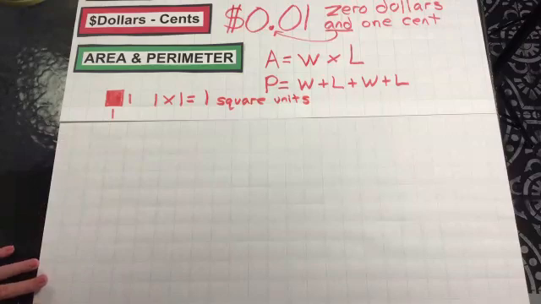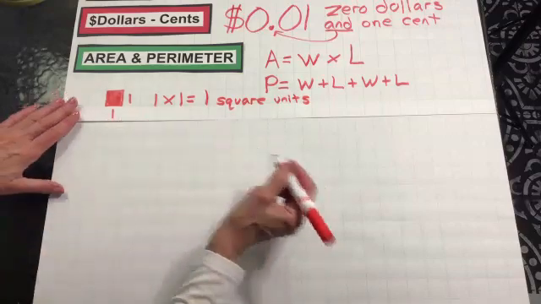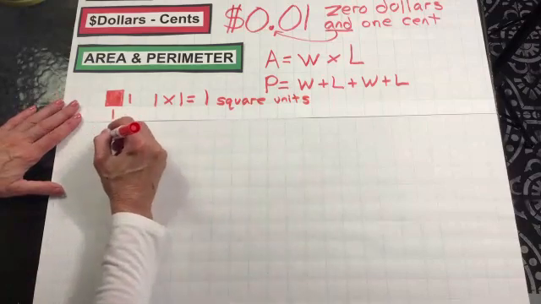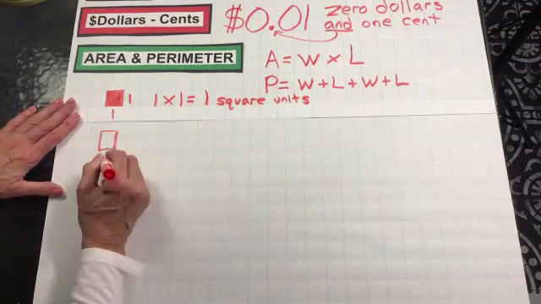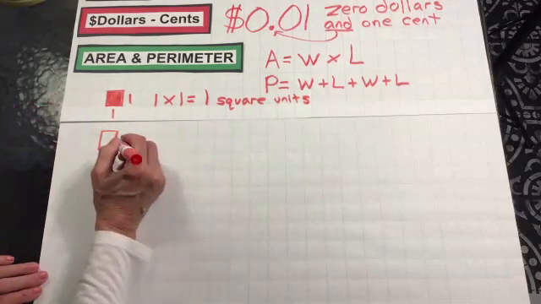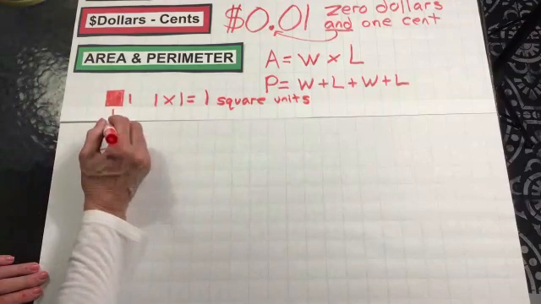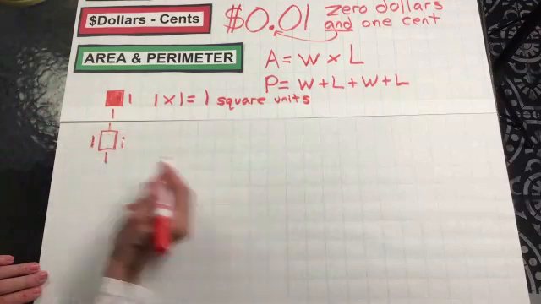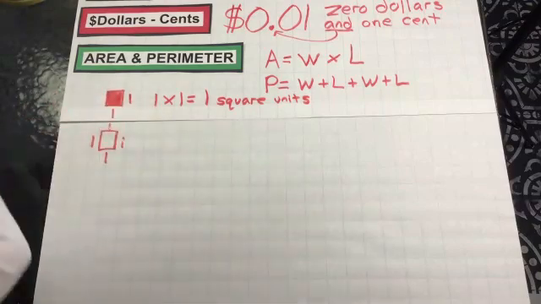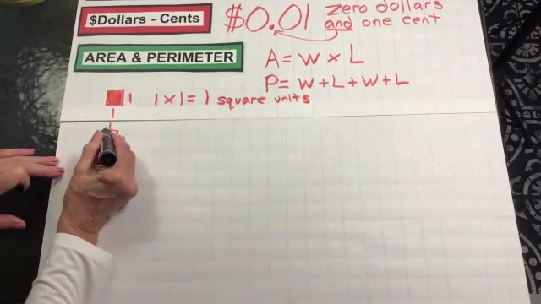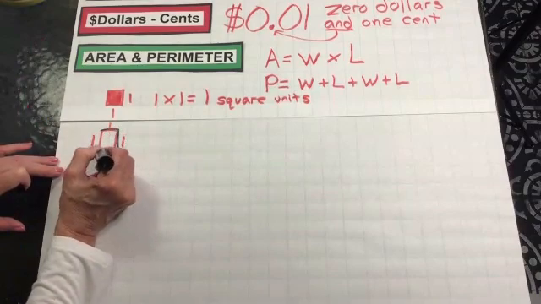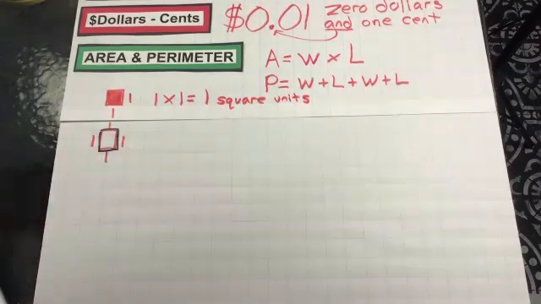All right. And the perimeter, if we were to do perimeter, so let's go ahead and draw it again down below here. And we know it is 1 width, 1 tall, 1 width, and 1 tall. So we are just adding up the sides. You know, our perimeter is just the outside, like a fence of the yard. And it is a linear measurement. Linear means 1 line.